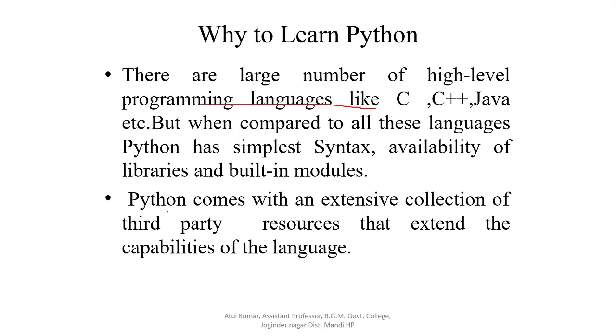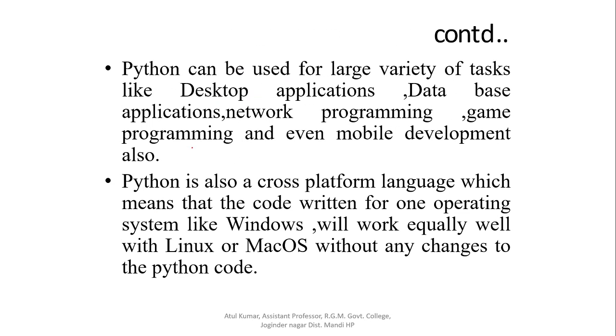Python comes with a very large collection of third-party resources that extend the capabilities of the language. Python can be used for a large variety of tasks like desktop applications, database applications, network programming, gaming programming, and even mobile development.